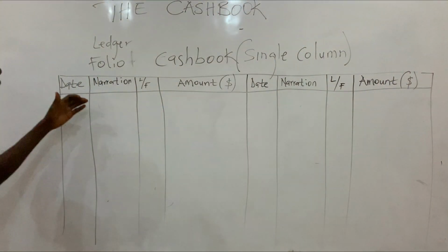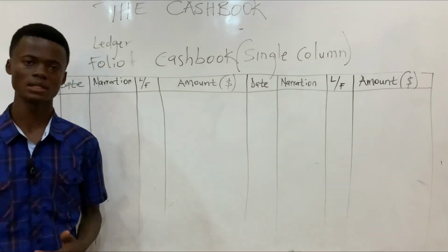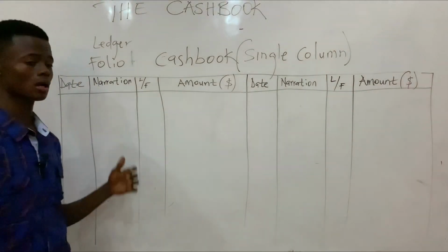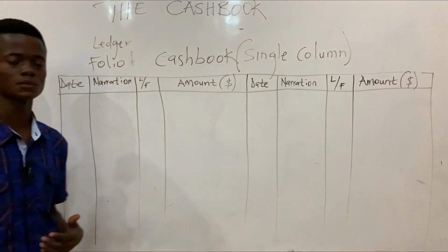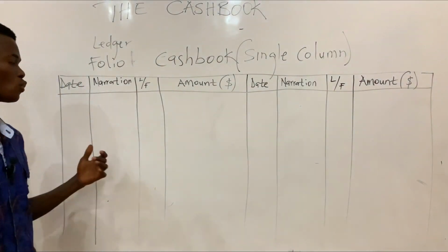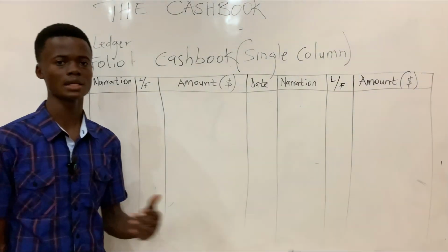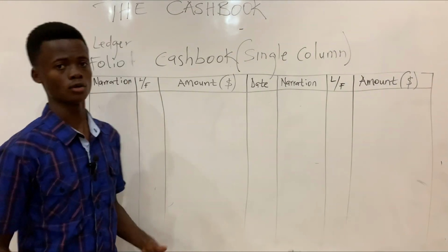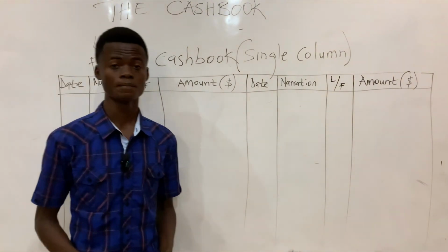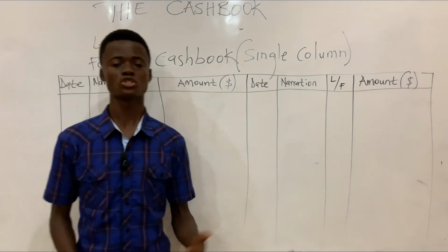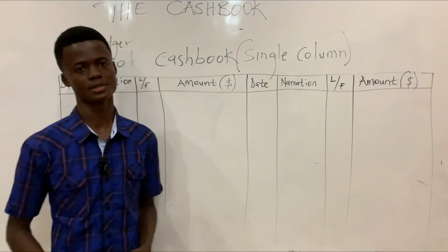The date column tells when the transaction took place. The narration or the details or the particular column also gives a brief description of the transaction. So it tells the name of the account the corresponding bookkeeping is recorded in. If you remember, in the double entry rule video, we said that every single transaction affects two accounts. One should be debited and the other one should be credited.